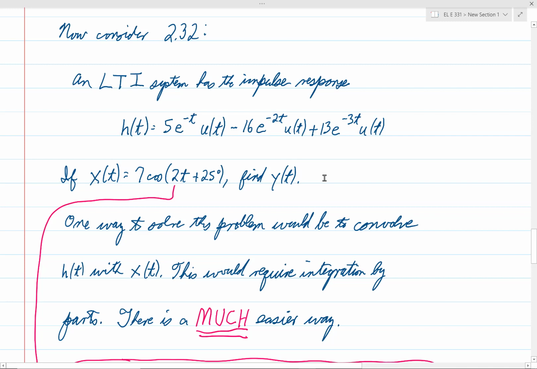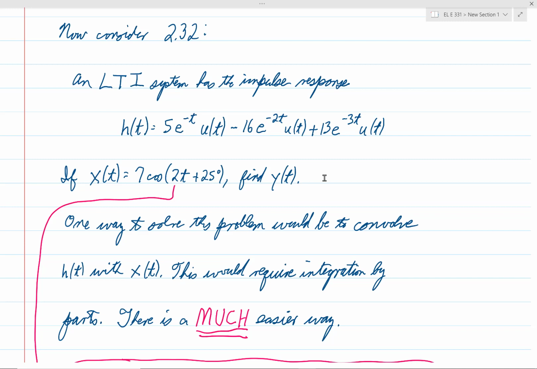Well, before we started learning about the frequency response, the only way we could have done a problem like this would have been to convolve h of t with x of t. And if you're brave enough, I would definitely encourage you to try that.